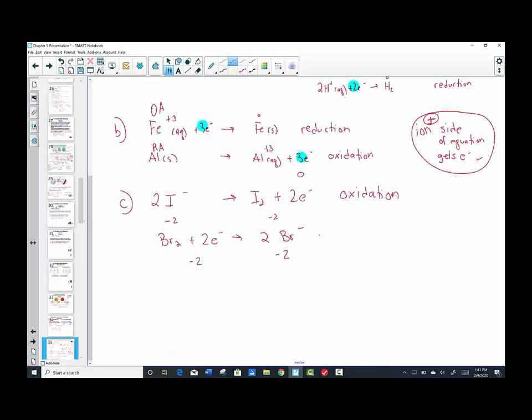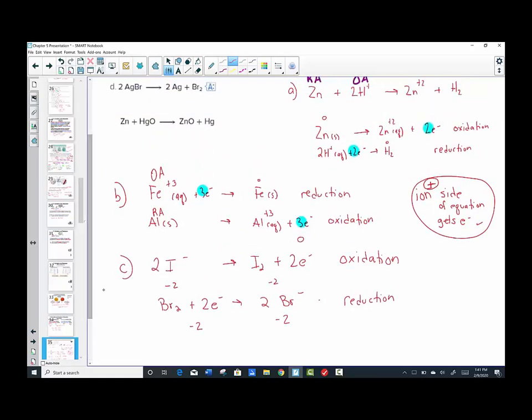They're both -2s. And gaining electrons is the reduction half reaction. So that's correct now in the notes. Loss of electrons, oxidation there for iodine, reduction for bromine. All right, so that means the I negative was oxidized, so it's the reducing agent, and bromine was reduced, so it is the oxidizing agent.